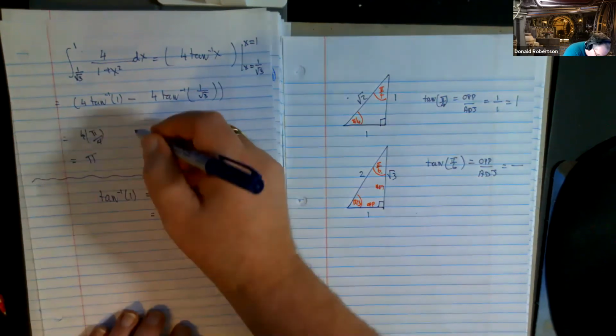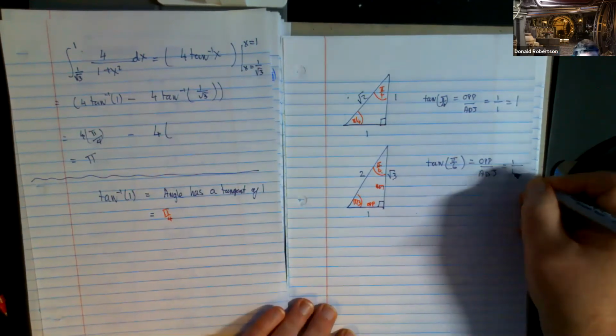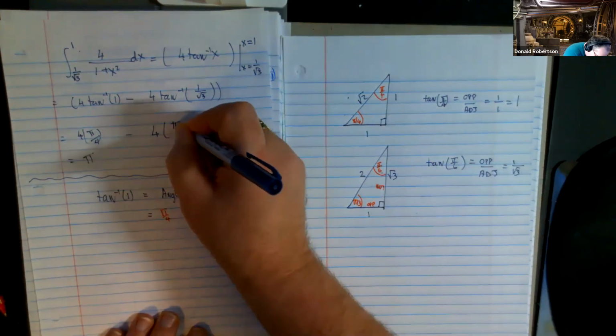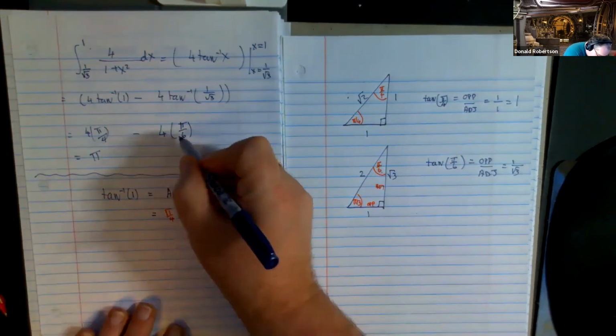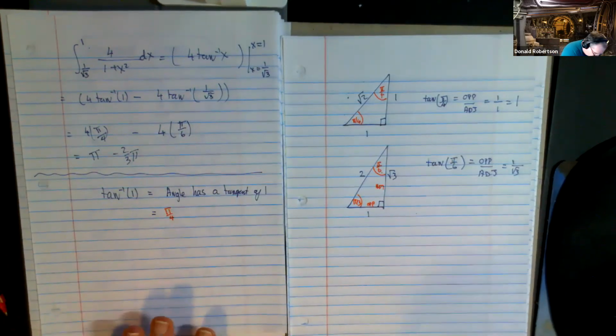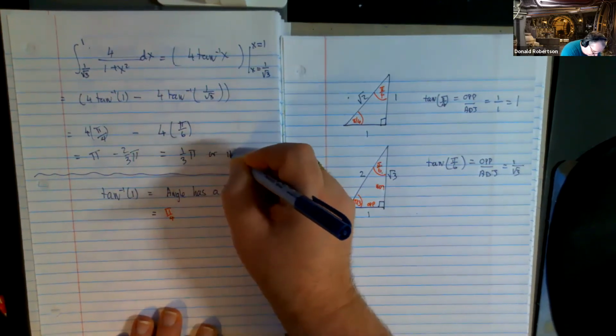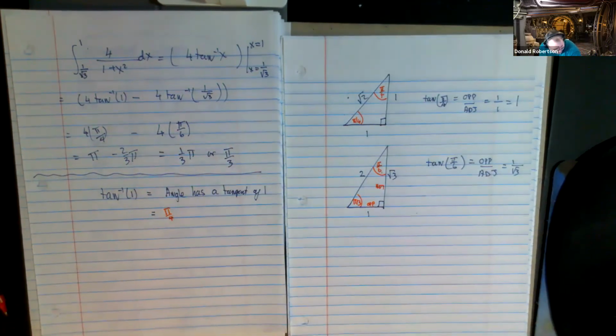So it's take away 4 times pi upon 6, which ends up being simplified down to 2/3, which means that the final answer is 1/3, or as you might see it sometimes written, pi upon 3.